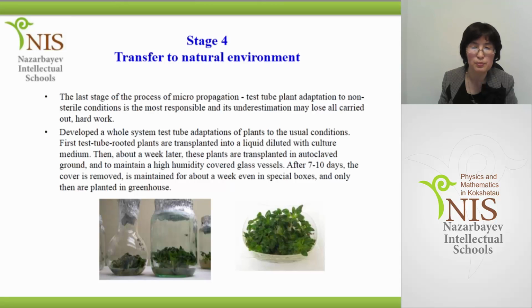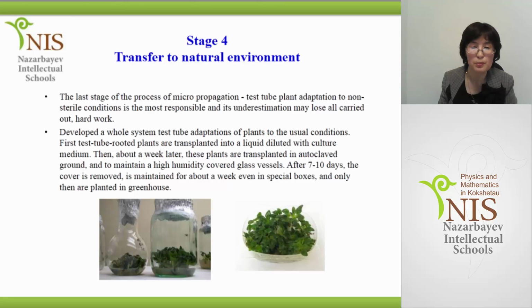The last stage of the process of micropropagation, adaptation of test tube plants to non-sterile conditions, is the most responsible, and its underestimation may lose all the hard work carried out. It involves adapting test tube plants to the usual conditions. First, test tube rooted plants are transplanted into a liquid diluted culture medium.